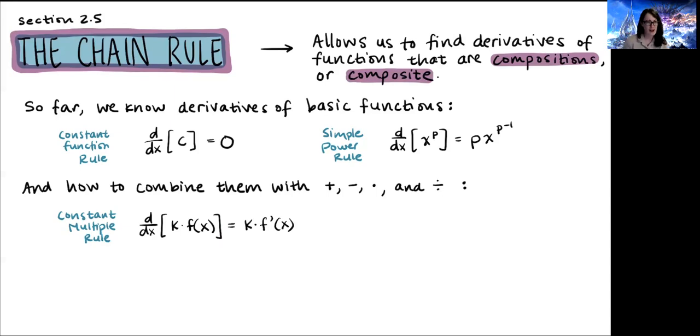Then we saw what is called the sum and difference rule. This allows us to differentiate two or more things added or subtracted together. It works out as nicely as we could hope. The derivative of a sum or difference is the sum or difference of the derivatives.